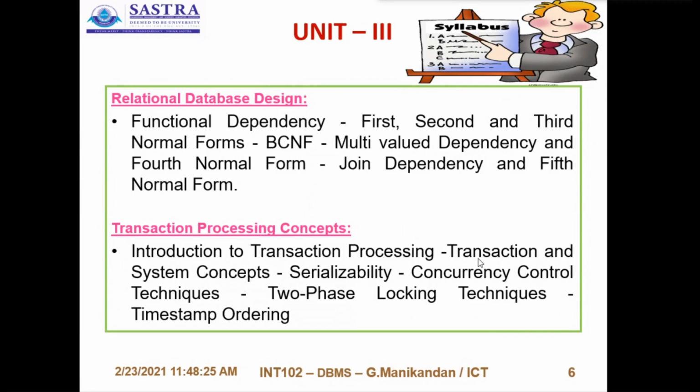For ensuring concurrency, we are going to use some concurrency control techniques. Broadly, you can classify them as pessimistic concurrency control and optimistic concurrency control. What is the limitation in pessimistic concurrency control?